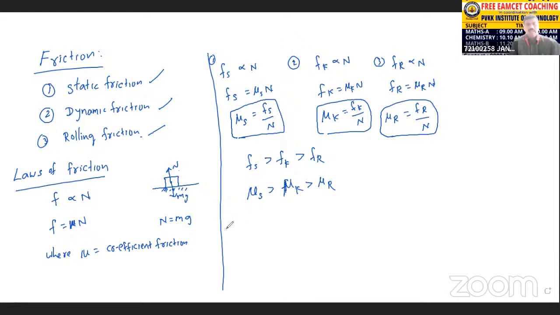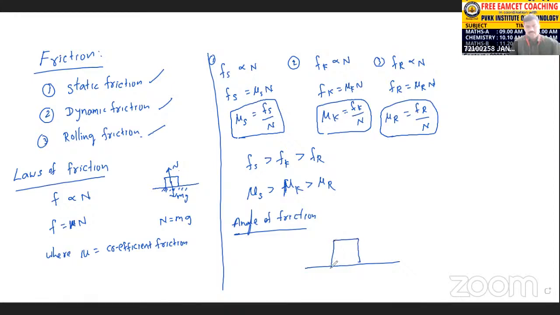Okay. Next, let us discuss the angle of friction. This is a horizontal surface. The mass of the body is placed on the horizontal surface.